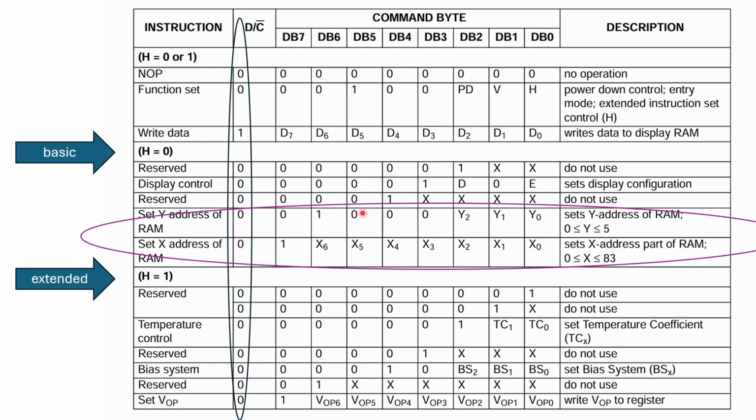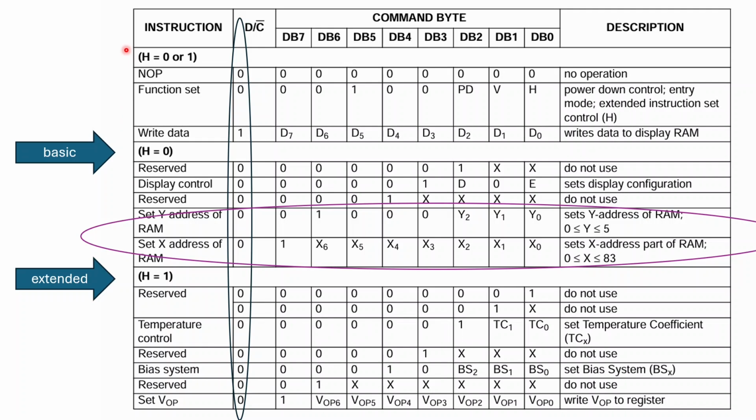In this table, everything apart from this row are commands, because here the pin that specifies whether you have a command or data is 0. So this would be data, and the rest in the table is commands.